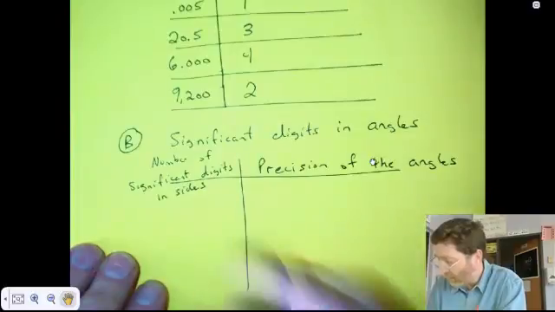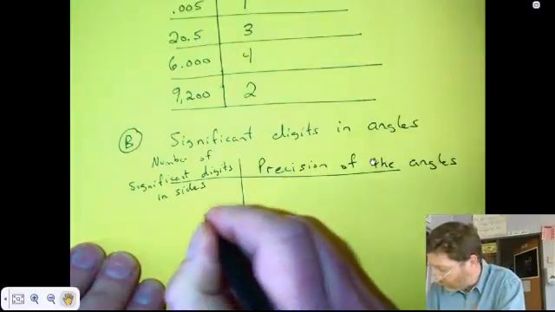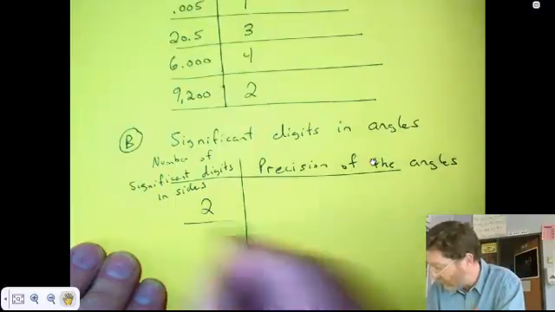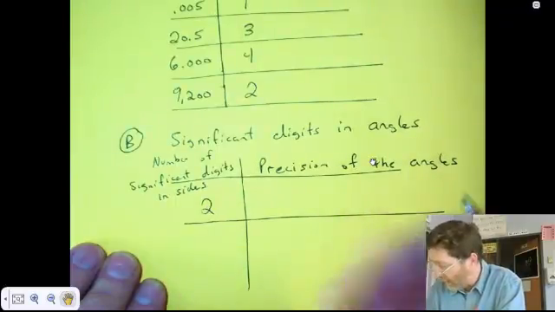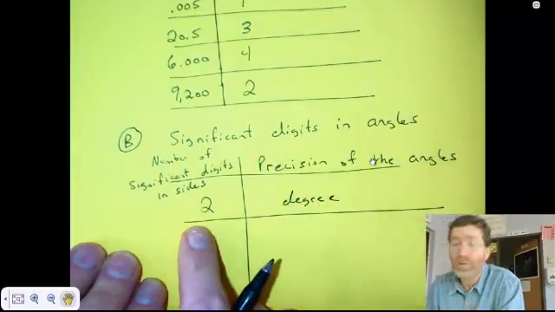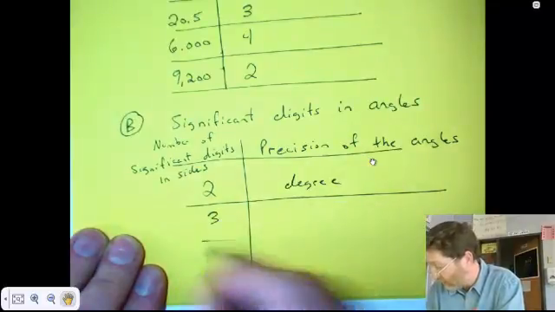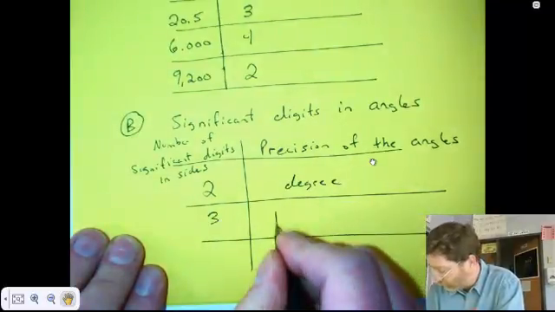Okay, so if we have 2 significant digits in the side lengths, then we're going to round the angles to the nearest degree. So 2 in the side length, nearest degree. If we have 3 significant digits in the side lengths, then we'll go to a tenth of a degree.